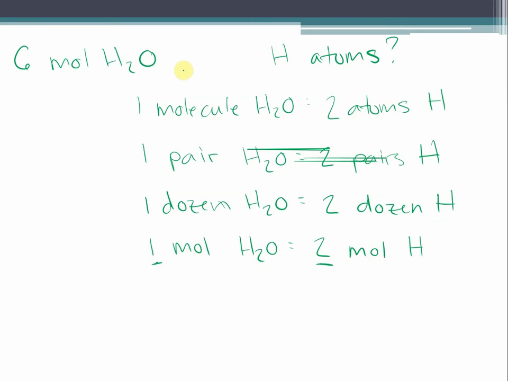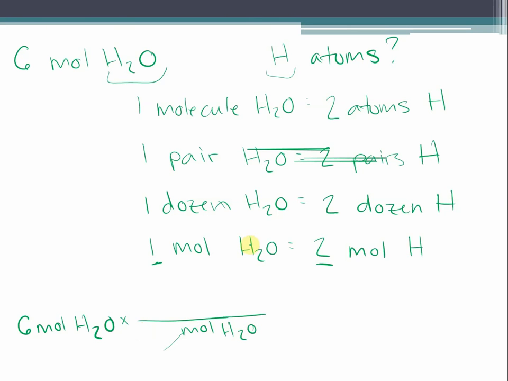So we can actually do this conversion of water to hydrogen in the middle of the problem. And as we move forward in the year, this is where we're going to be putting this conversion more and more frequently. So it might be good to start getting used to it now. So for example, if I have 6 moles of water, I can multiply by a fraction. What goes up must come down. So I'll put moles of water down here.